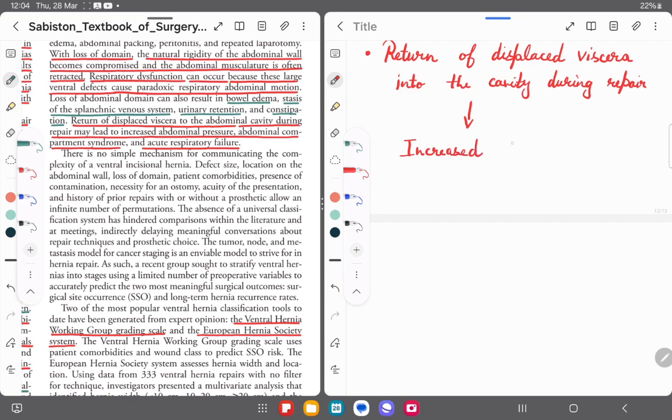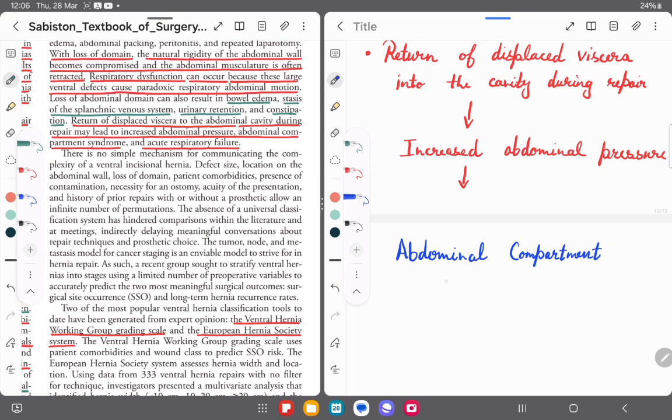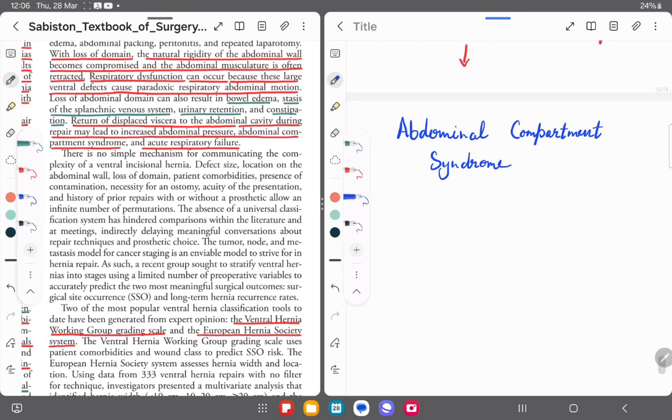So this is important. It can cause abdominal compartment syndrome and acute respiratory failure.